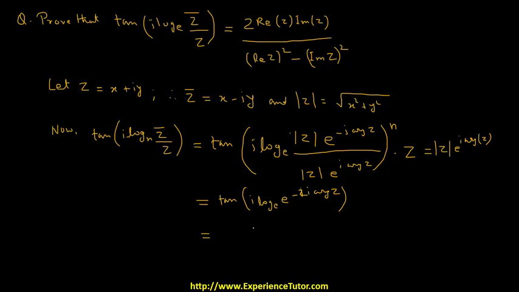Denominator went to numerator, so it is minus 2, the index is power minus 2 i argument of z. Nothing else, very simple.